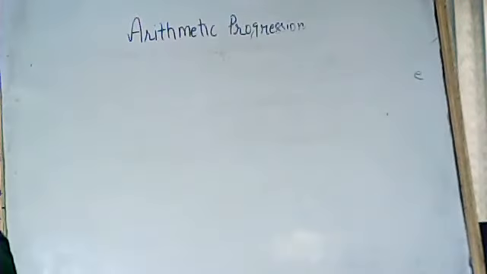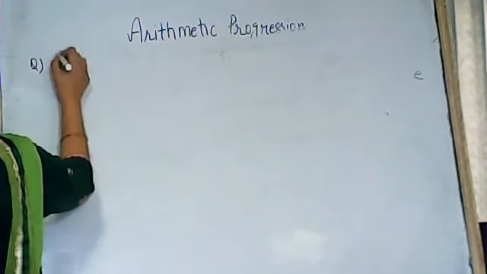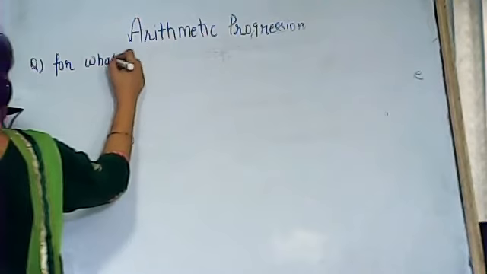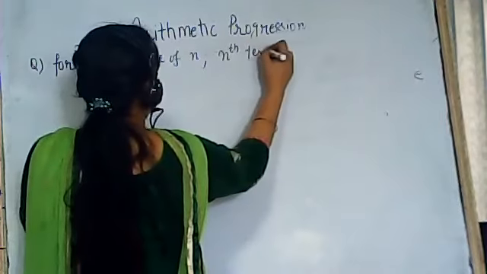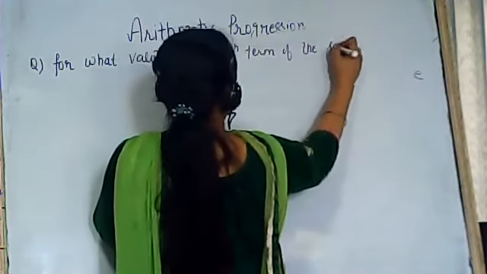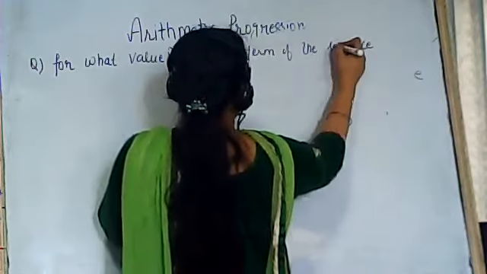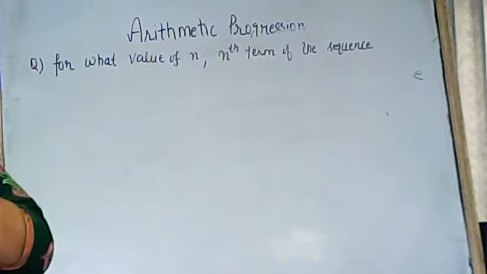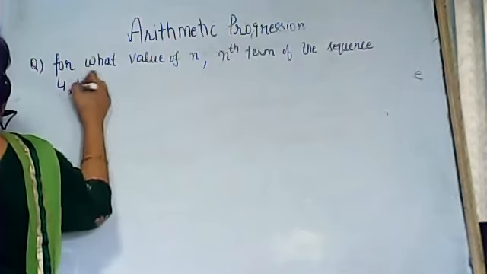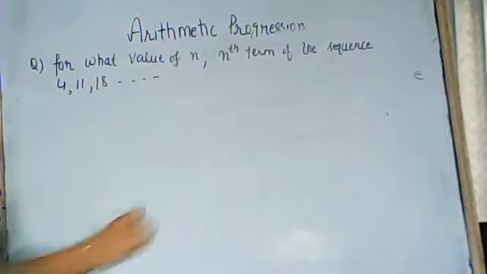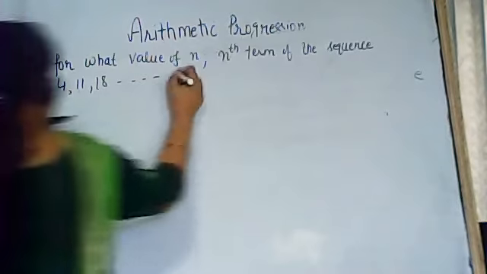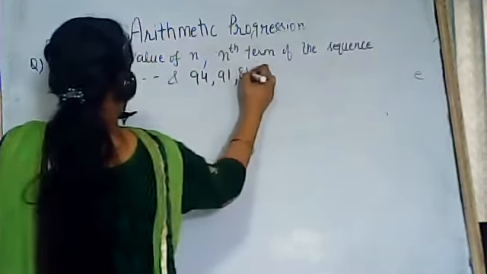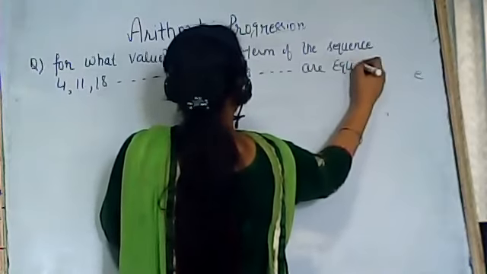Now, what is the next question? For what value of n, nth term of the sequence 4, 11, 18 up to so on, and 94, 91, 88 up to so on are equal.